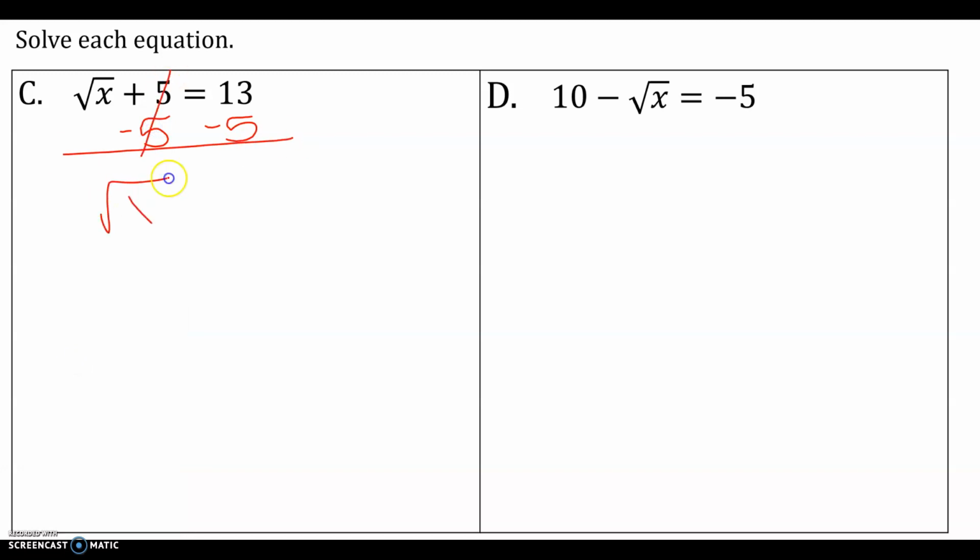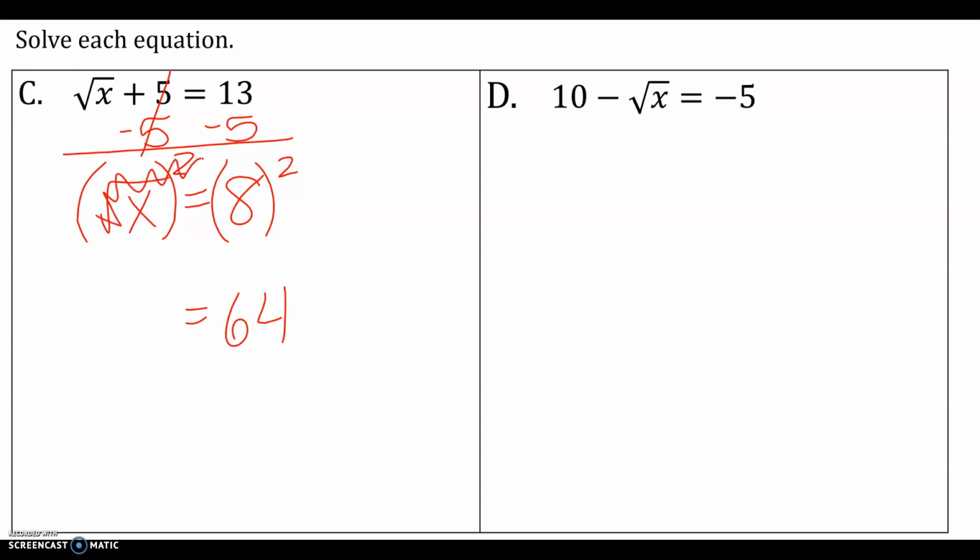Again, no need to show that work. You have the square root of x equals 8. And now we have a problem that we just did, which is square both sides. You'll get 64. The radical and the little 2 go away because they are undoing each other. And all you have is x equals 64.